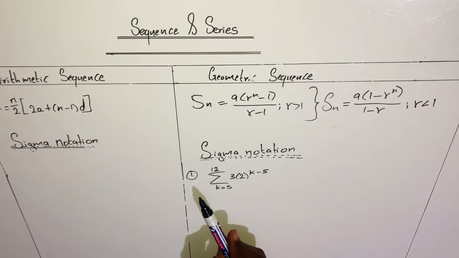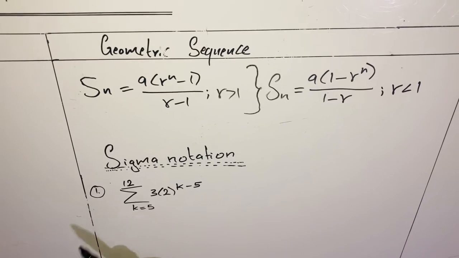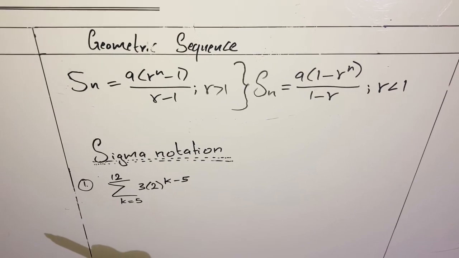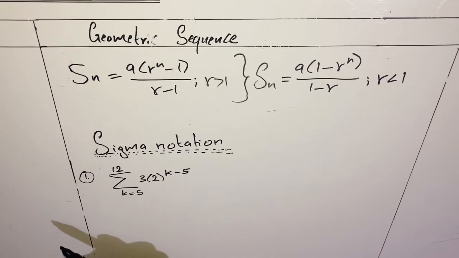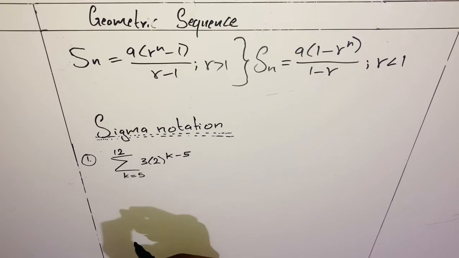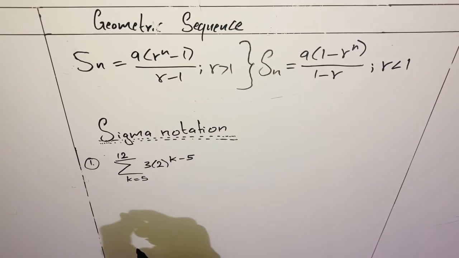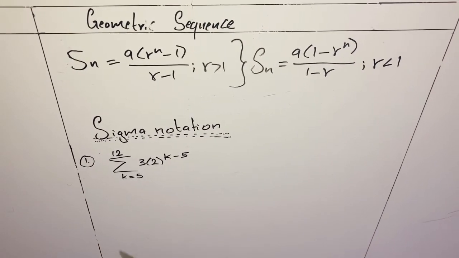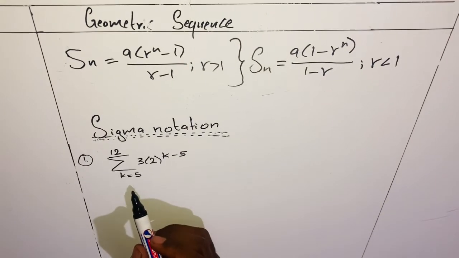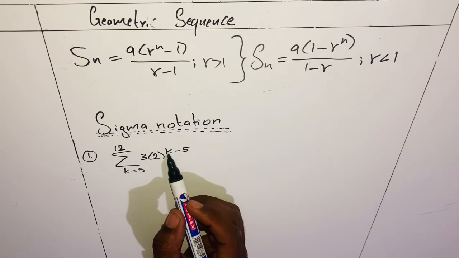We are now looking at the sigma under the geometric sequence. We still follow the same procedure, where we firstly find the first 3 terms, which determine for us whether you are dealing with an AP or GP. So we firstly substitute k here.